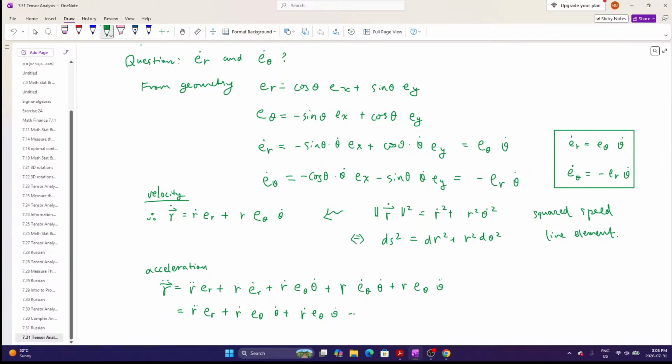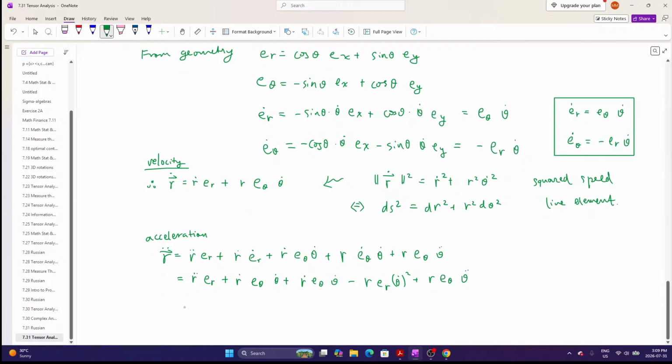Then this fourth term, there's a theta dot there, so you've got to substitute that. So r times theta dot is e_r minus e_r theta dot squared, so you get e_r theta dot squared here, like this. And the last one would be r e_theta double dot.